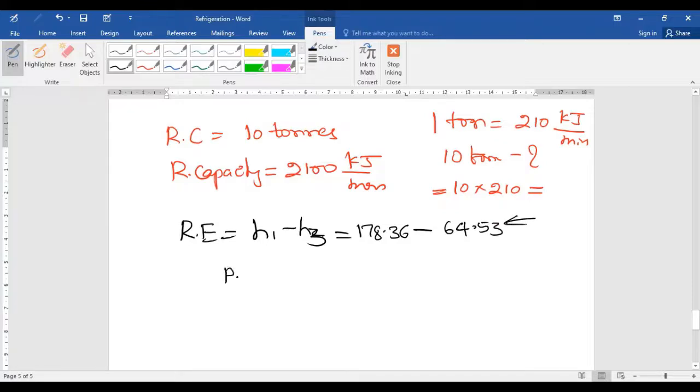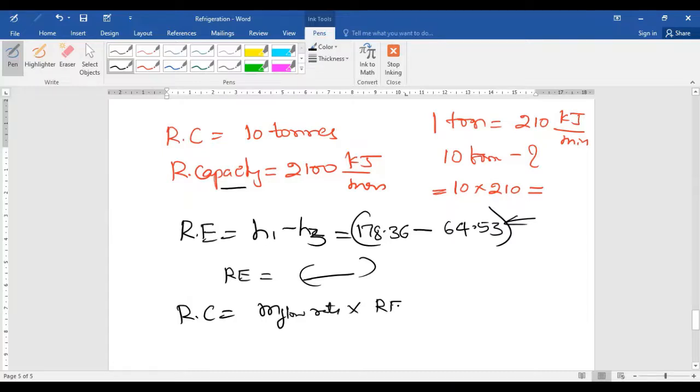Okay, so the refrigerating effect value, I will do on the calculator. If you have a calculator with you, calculate this value, or else I will directly substitute. Refrigerating capacity is equal to mass flow rate multiplied by refrigerating effect.